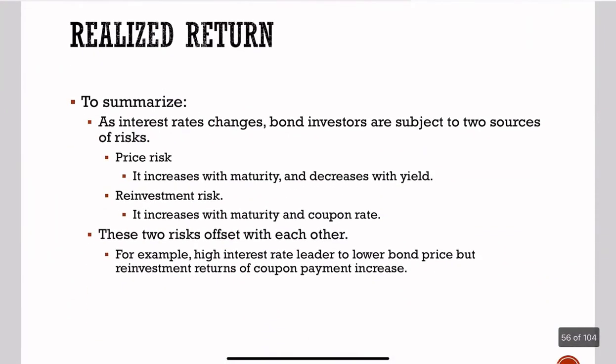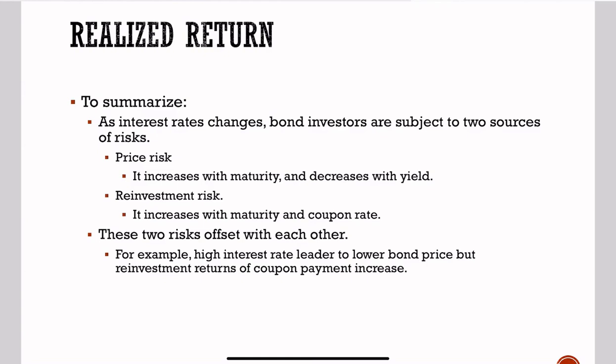So let me summarize the relationship between realized return and interest rate risk. Basically, if interest rate changes, there are two kinds of risks. The first is price risk. Essentially, it means that if yield increases, the bond price will decrease.